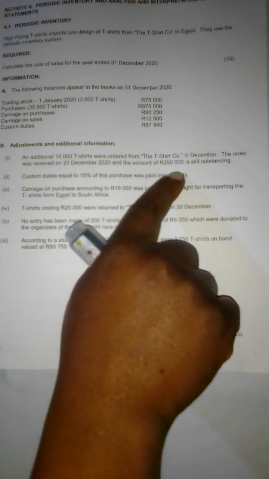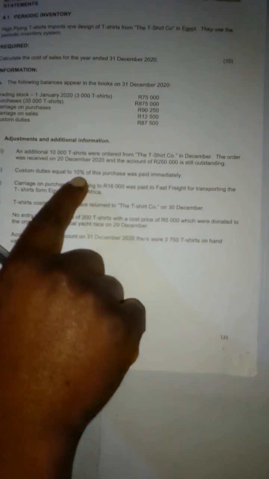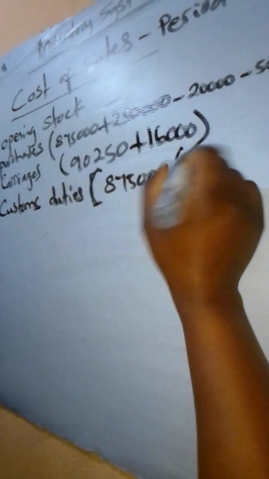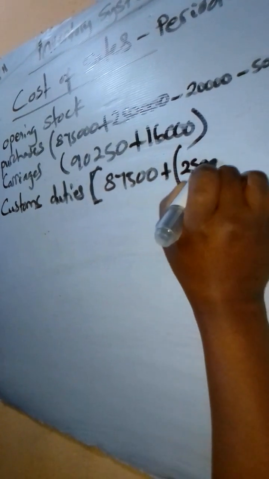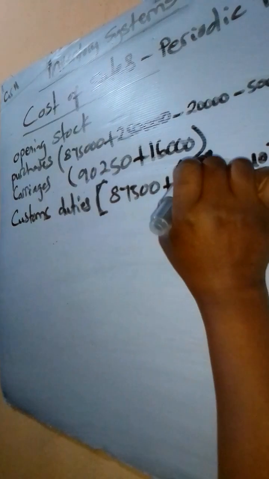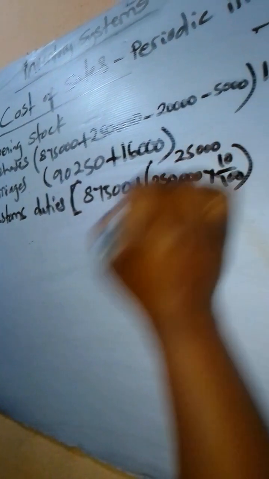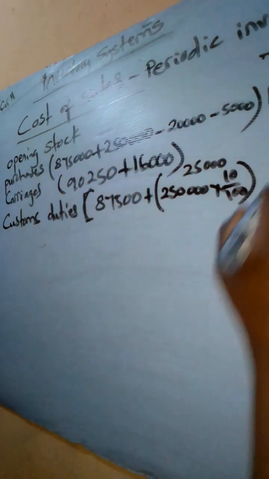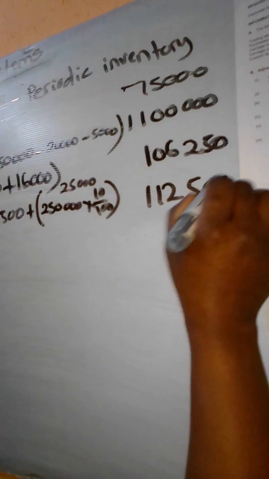So we're supposed to calculate 10% of 250,000, multiplied by 10%, which is 25,000. So 87,500 plus 25,000 gives us 112,500 for the customs duties.